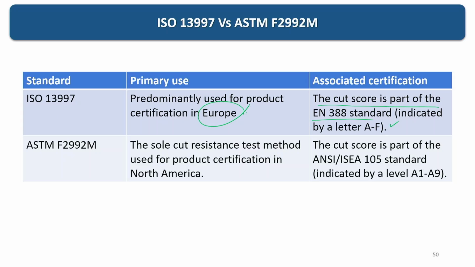In the ASTM method, the cut resistance test method is used for products certified in North America. The CART score is a part of the ANSI/ISEA 105 standard, which indicates levels from A1 to A9, A9 being the highest cut resistance.